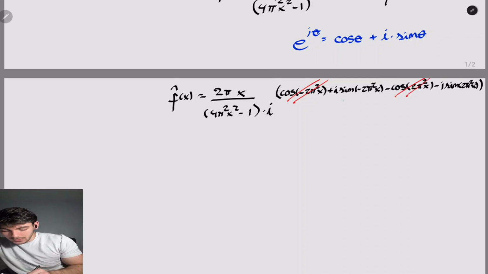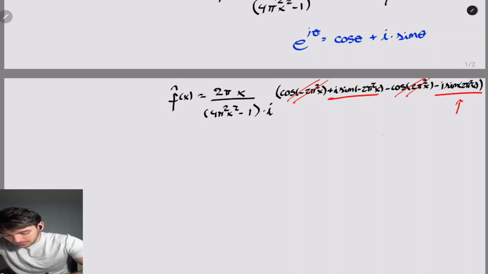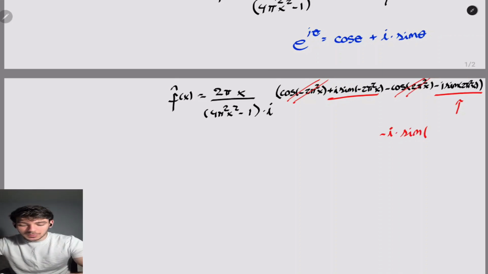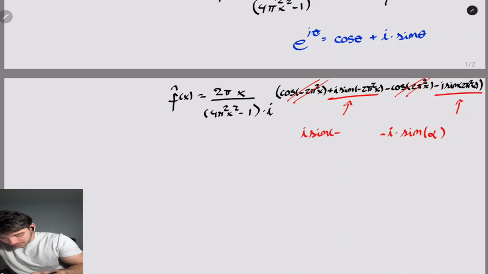And then if we analyze this and this, let's analyze this one first. Okay, so we have minus 1 minus I times sine. Let's suppose that 2 pi squared x is now our alpha. So minus I times sine of alpha. Here we have I times sine of minus alpha.